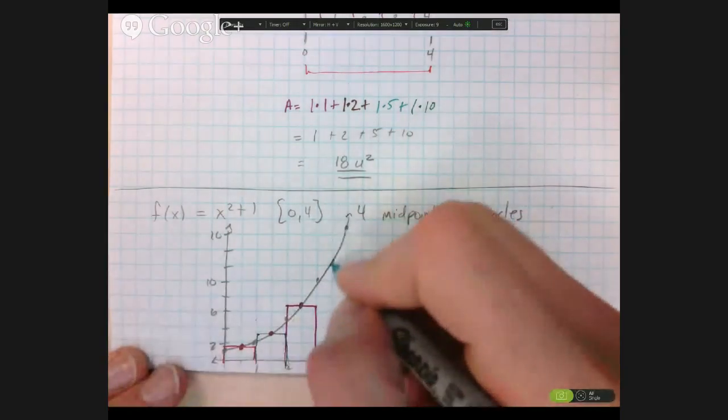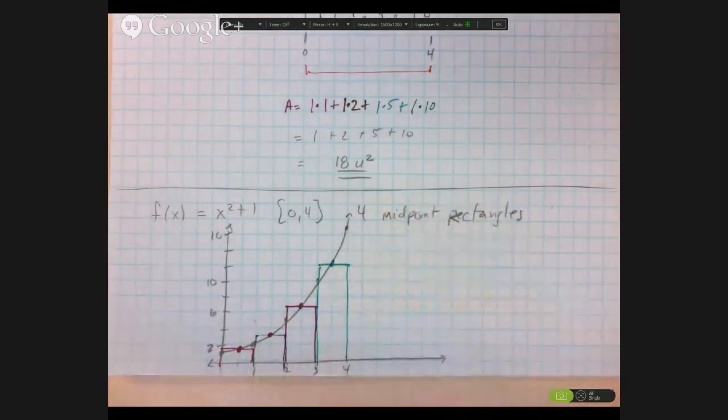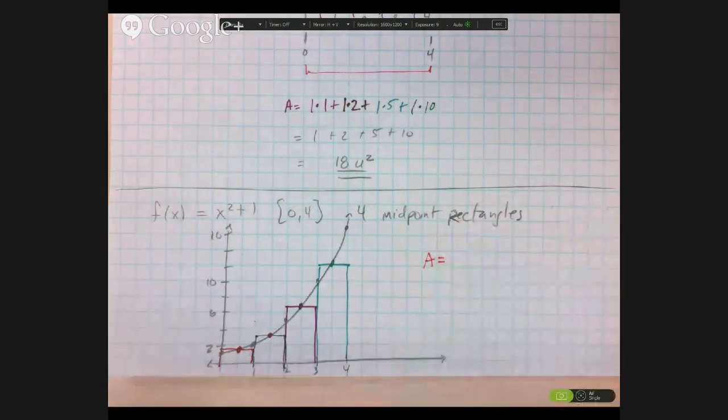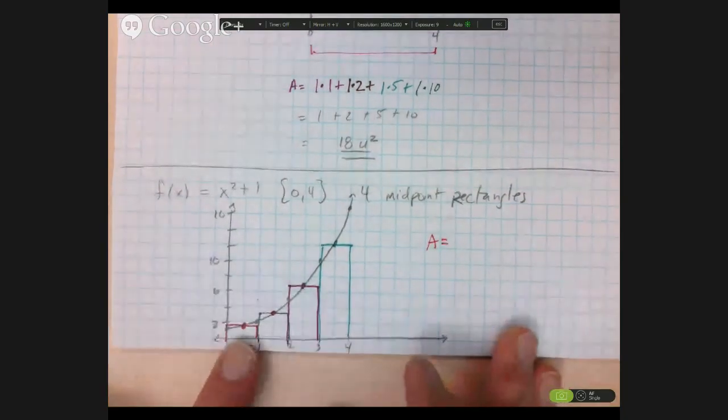And this one's going to hit right in the middle. And 3.5. Okay, so you can see I've hit the middle point, right? It's the same thing, you just have different values to work with. So, you guys are still writing, so I'll wait.